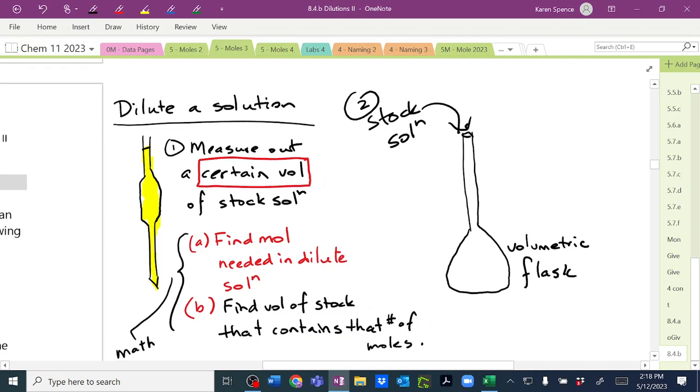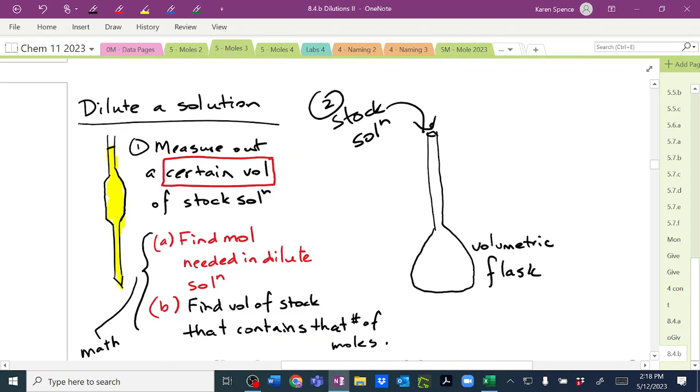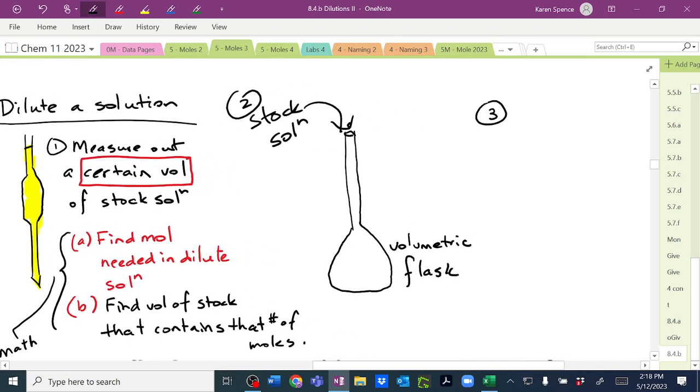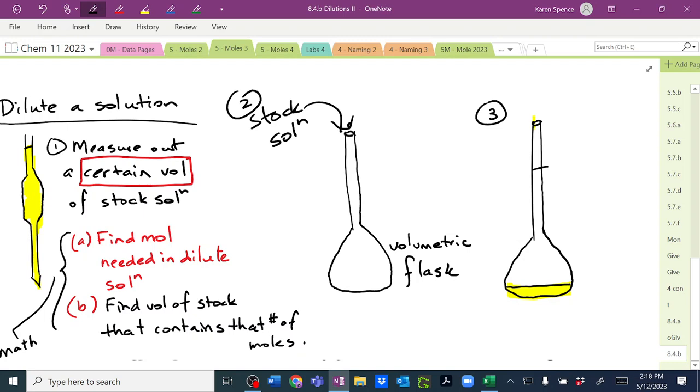That's step 2. Step 3. Now we have our volumetric flask with the stock solution in it. What would we do next? We put a stopper on it right now. We have to do something else first.